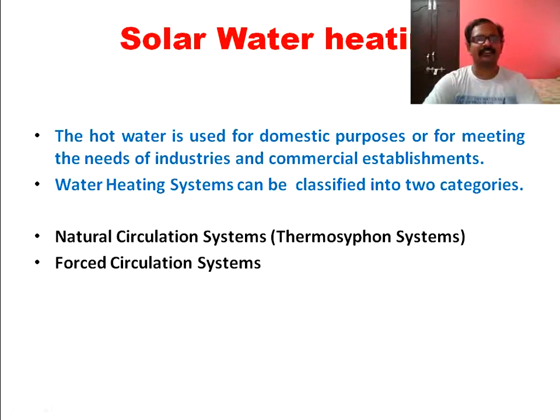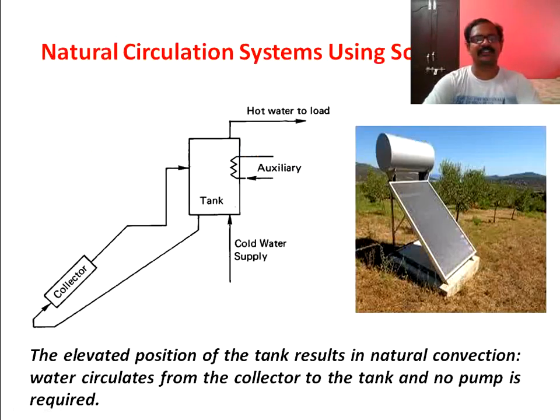Right, now let's straight away go into the concept called natural circulation system. You might have seen the diagram on the right hand side. That's a solar water heater, which you might have seen on your rooftops most of the time. The concept is very simple. We have a storage tank that stores the water at the top, and we have a solar collector at the bottom.